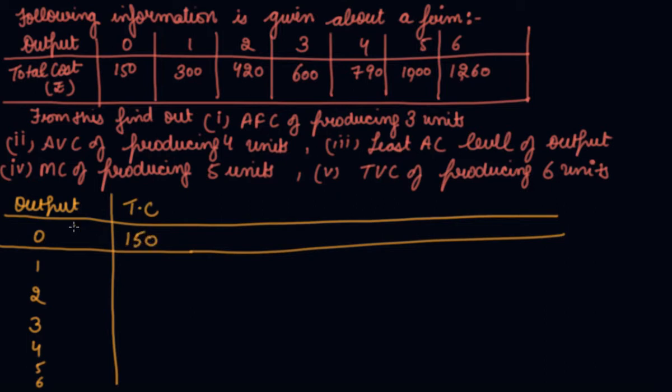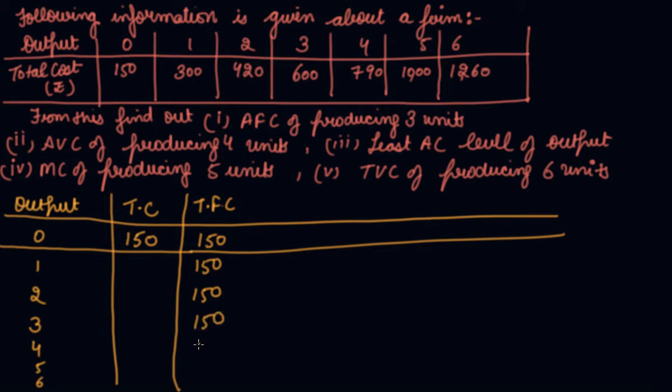If at 0 output your total cost is 150, it means they have given you your total fixed cost, because if there is no output produced, still you are incurring a cost, then it is a fixed cost. 150, 150, 150.